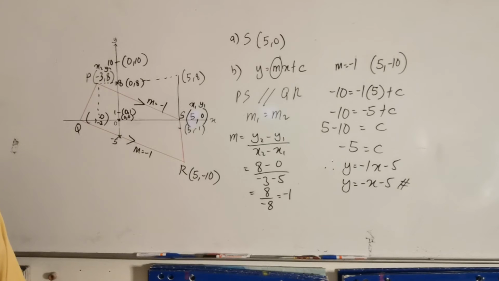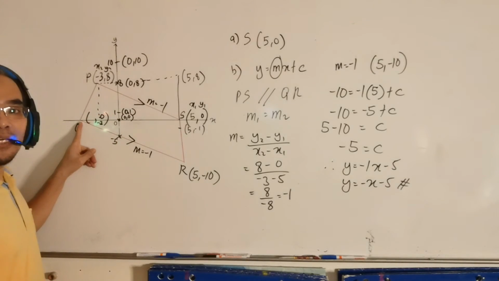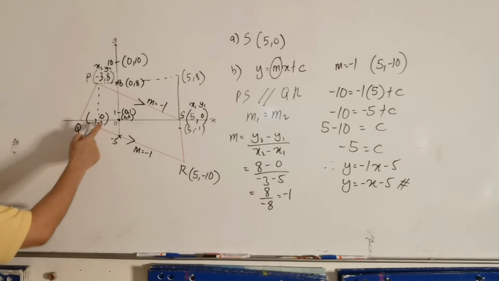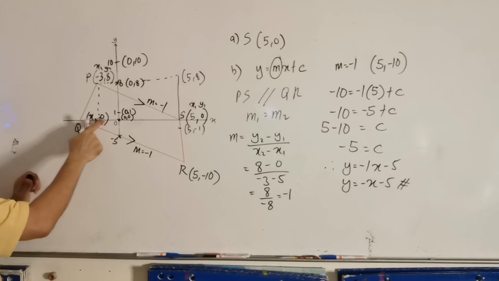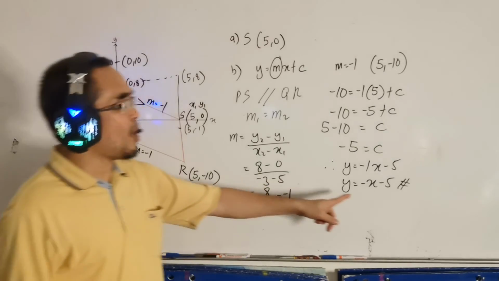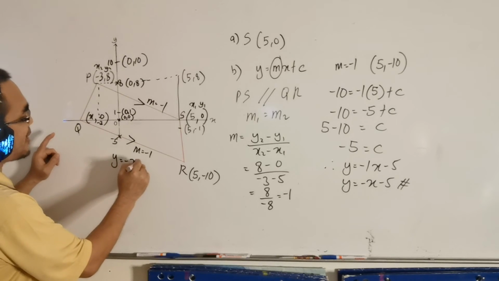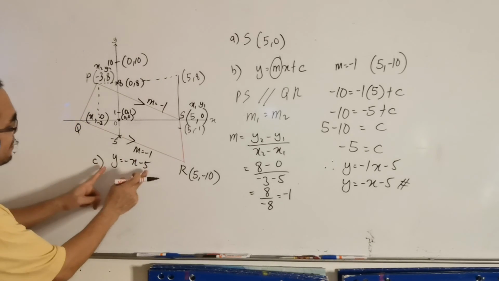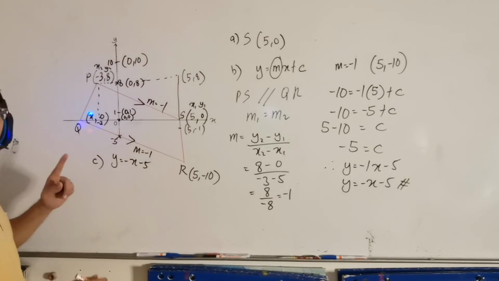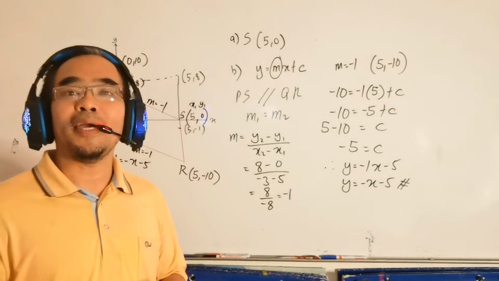And C, the x-intercept of the straight line QR. If this is the y-intercept, this is the x-intercept. We do not know x, but we know y is 0. Since we already know the equation of QR, y equals negative x minus 5, you just replace the value of y with 0, because any point on the x-axis has y equal to 0.